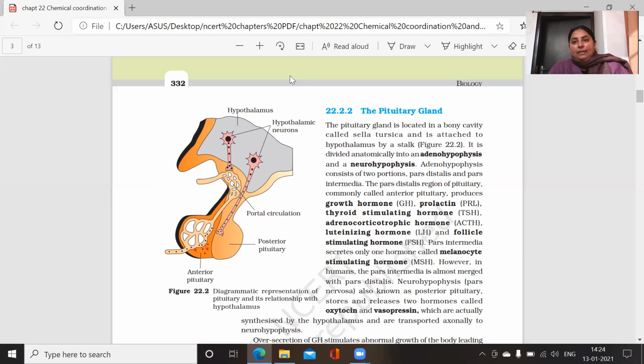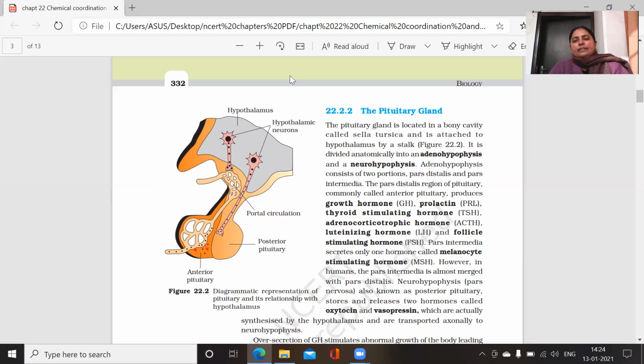And pars intermedia, which is actually the middle lobe of the pituitary gland, is very much embedded in the pars distalis. So it cannot be considered as another middle lobe. Pars intermedia produces only one hormone, and that is melanocyte stimulating hormone.